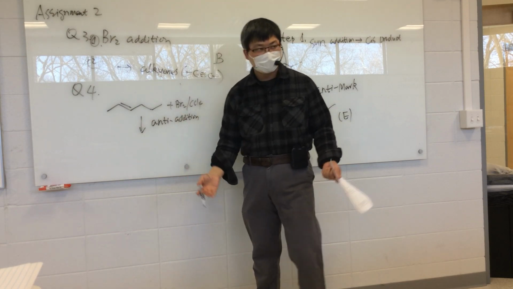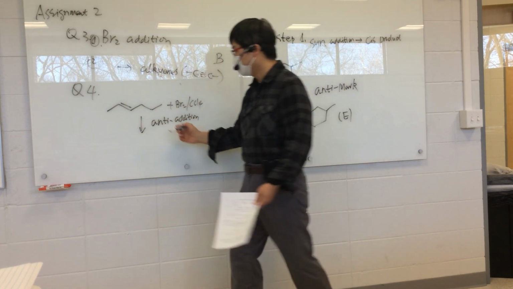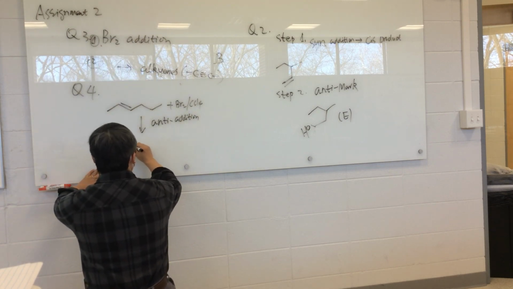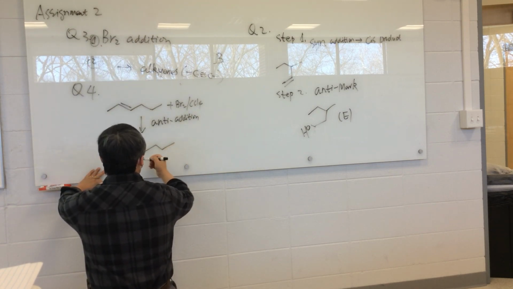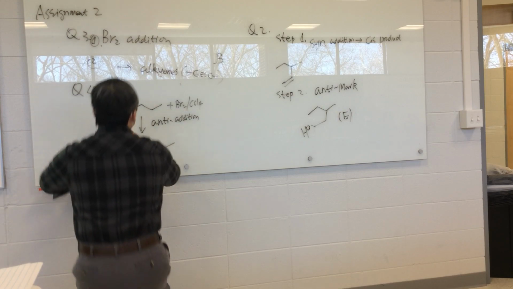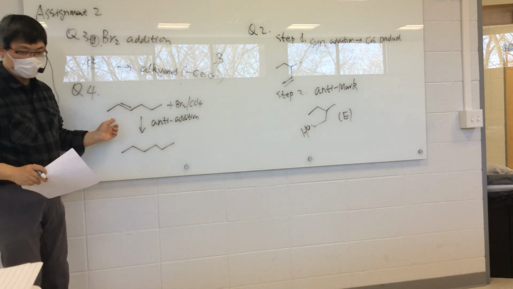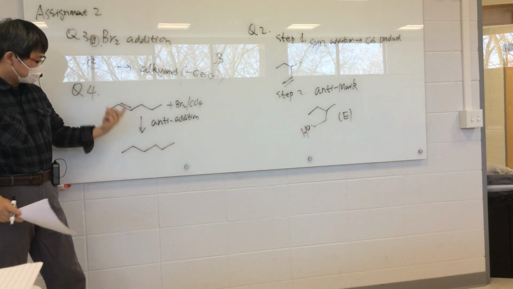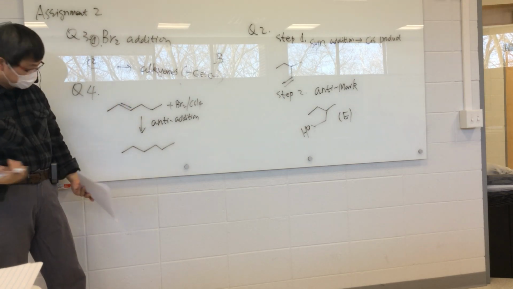And then anti-addition will lead to what? Trans product. So these two bromines will be opposite. Because we start with trans, these two groups will stay as trans. And then these two bromines should be trans too.